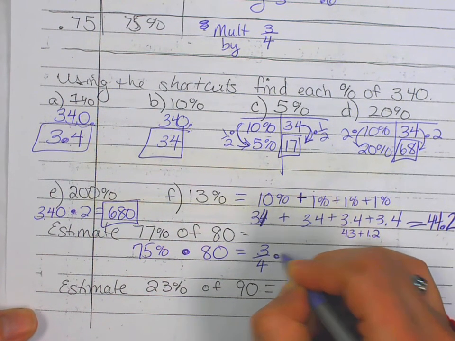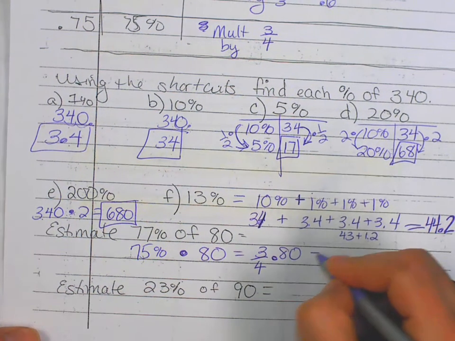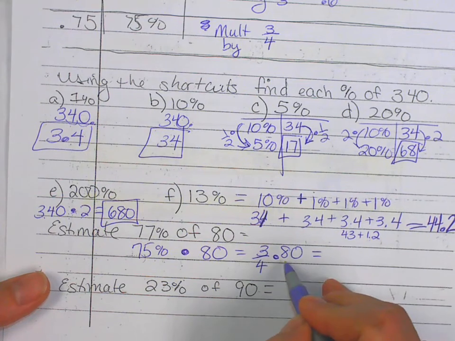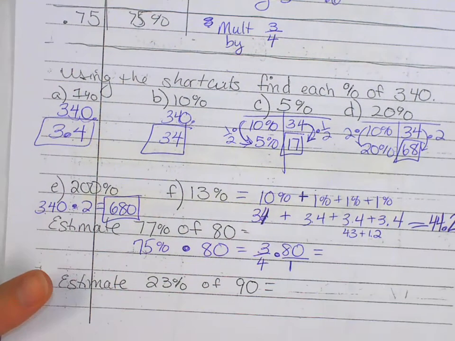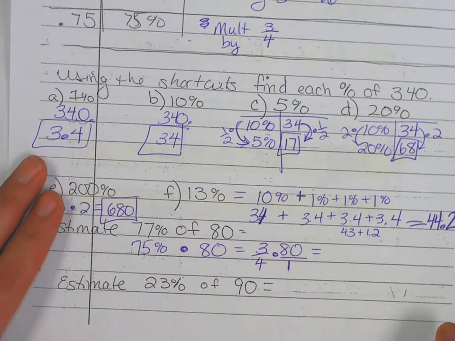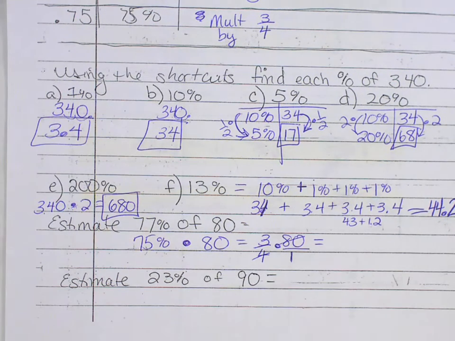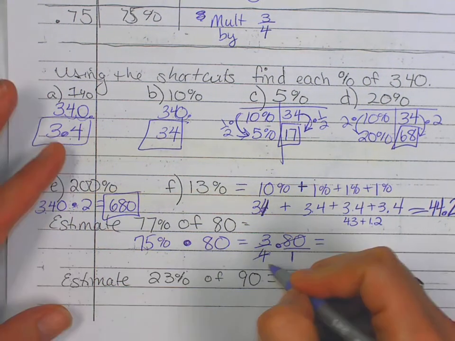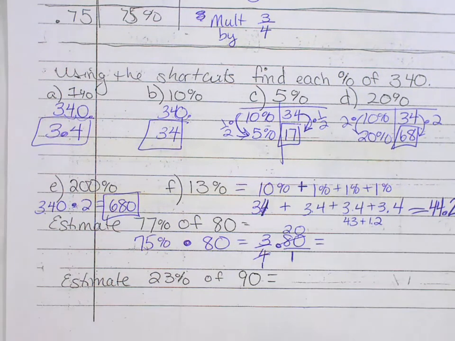If I cut 80 down into 3/4, what would I get? And a lot of us don't remember too much of the fraction stuff. It's on the first couple pages of the mega notes, by the way. 80 is over 1. You can multiply across, but Mrs. Roberts always simplifies before I multiply. So there are common factors here. 4 can go into itself once and go into 80 20 times, and 3 times 20 is 60.